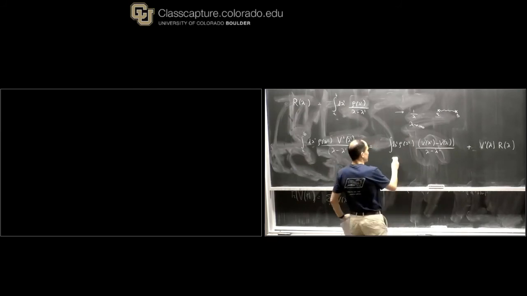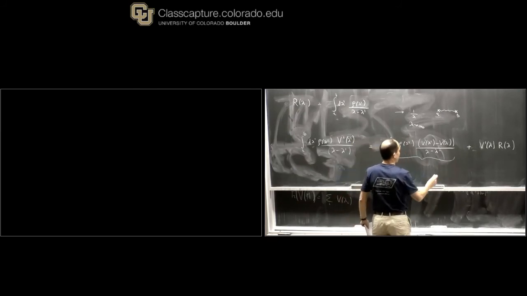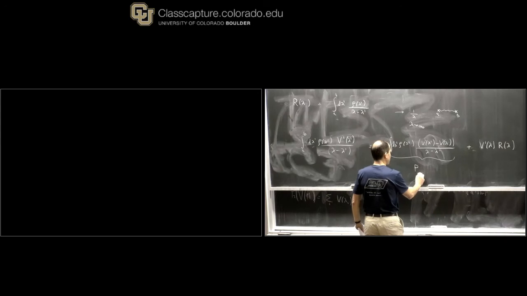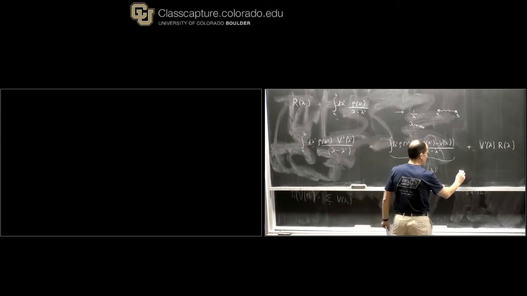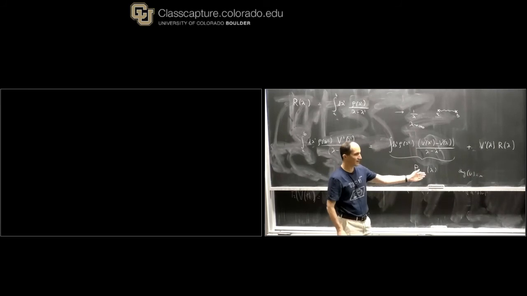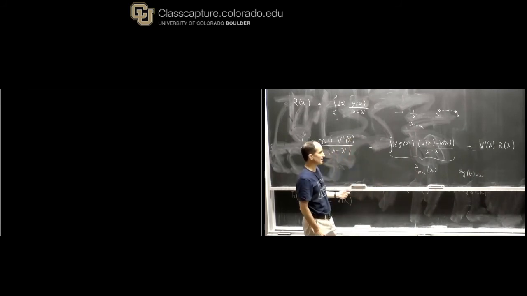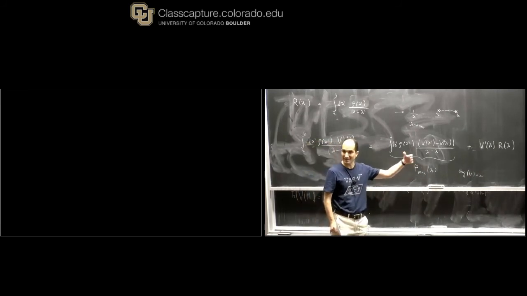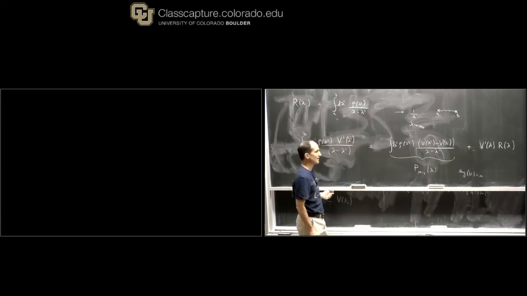So we don't know the coefficients, but this will give us a polynomial of degree n minus 2 in lambda, where n is by definition the degree of v. So this contains coefficients we don't know. We'll determine those coefficients later.